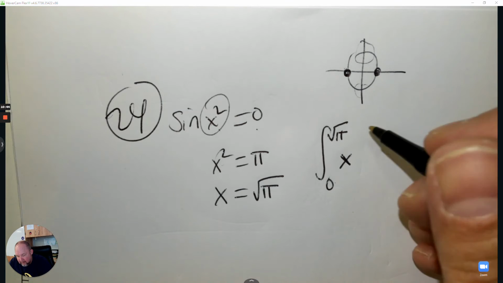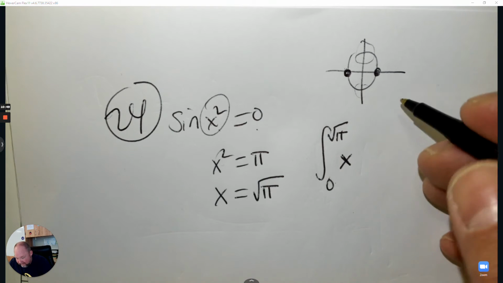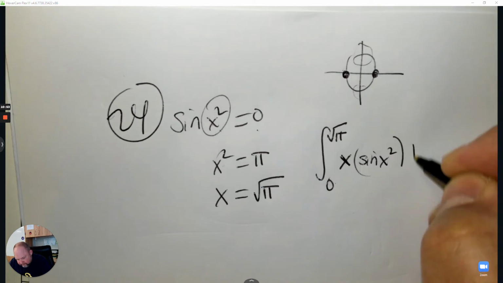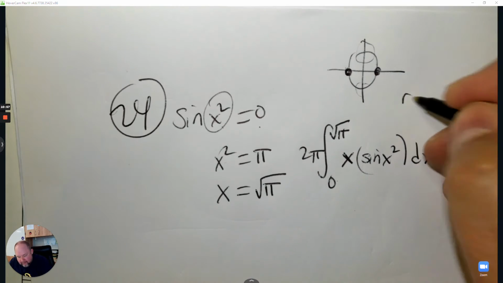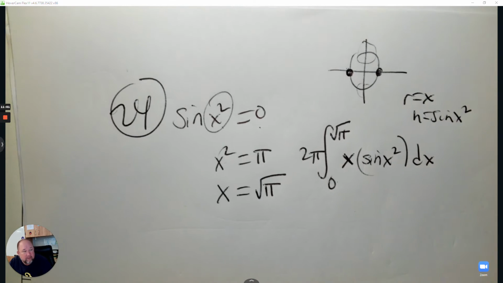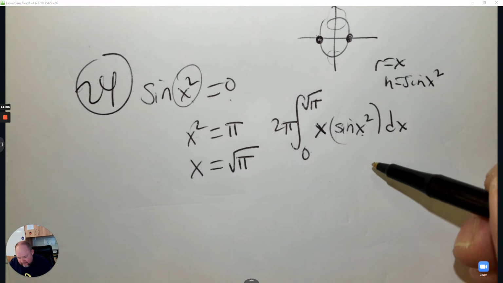And then top subtract bottom is just the curve subtract 0. So the height of it is just sine x squared. And then 2 pi. So the radius is the x coordinate, and the height is sine x squared, take away 0, or just sine x squared. And then that's the formula to use.